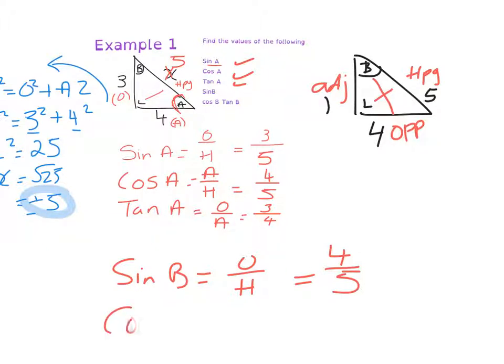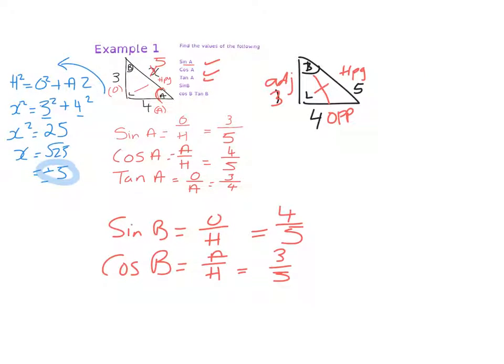The cos of angle B is going to be adjacent over hypotenuse, which is now going to be 3 over 5. And the last one is tan B, which is opposite over adjacent, which is now 4 over 3. So that's why labelling your triangles is so important when it comes to finding the sine, the cosine, and the tan.